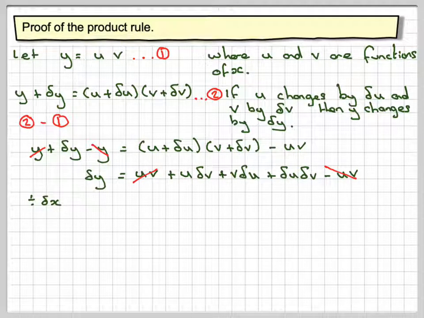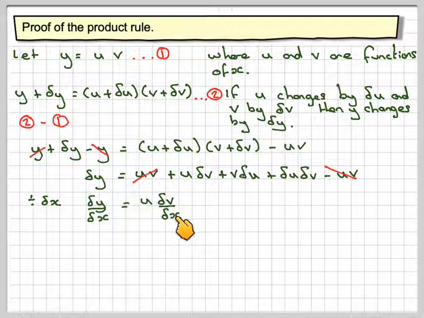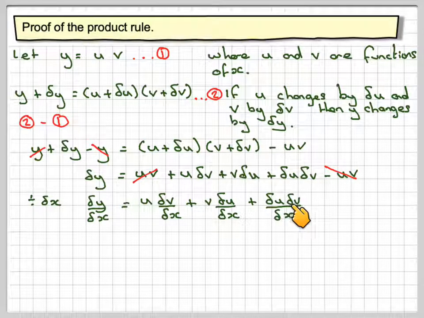Now if we divide everything by delta x, we have delta y over delta x is equal to u delta v over delta x plus v delta u over delta x plus delta u delta v over delta x.